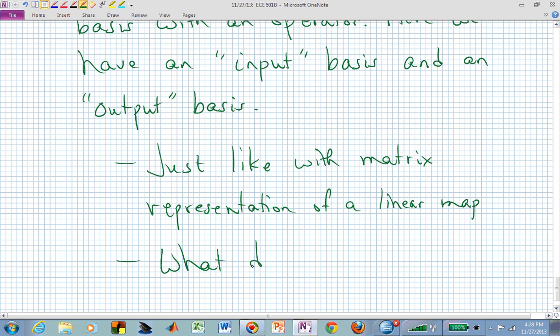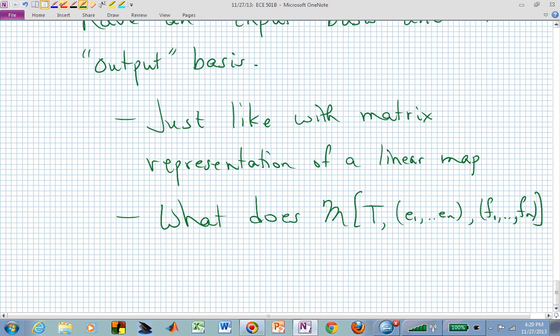And we could comment on what that looks like when we represent it in those two bases. So what does the matrix representation of this linear map T look like with respect to the E's and the F's? That notation has already been introduced in the book.